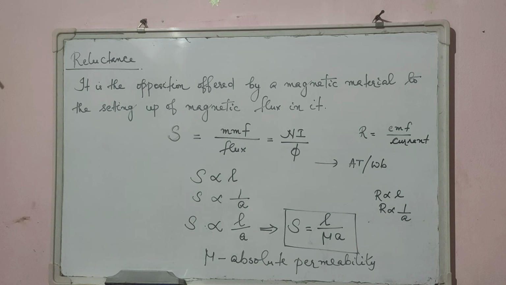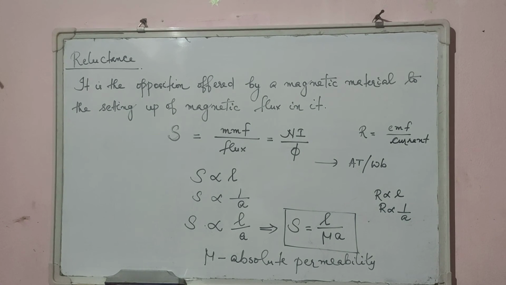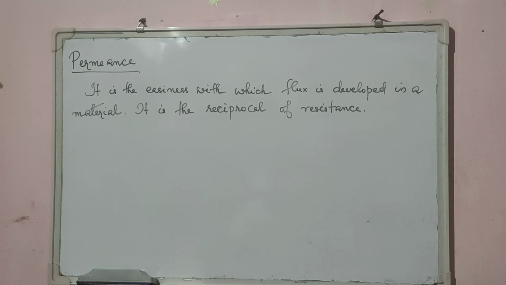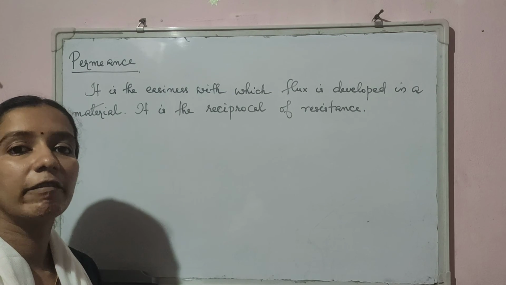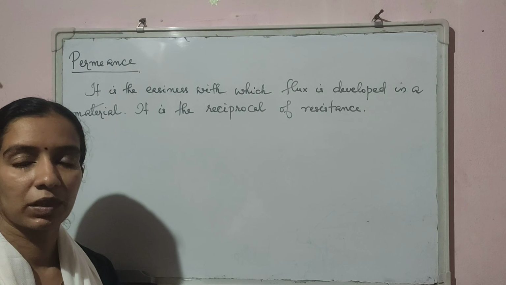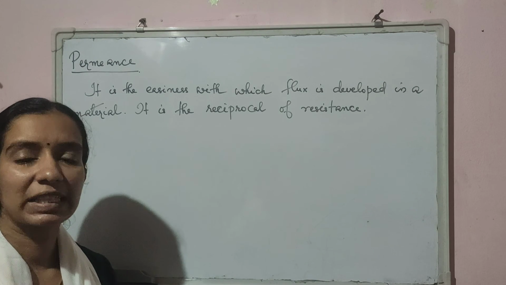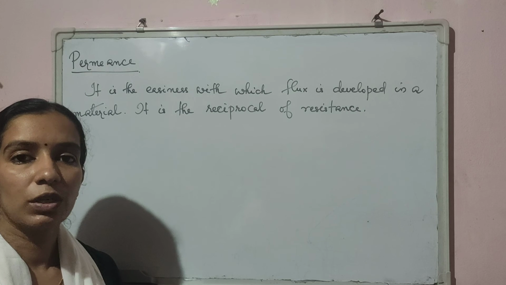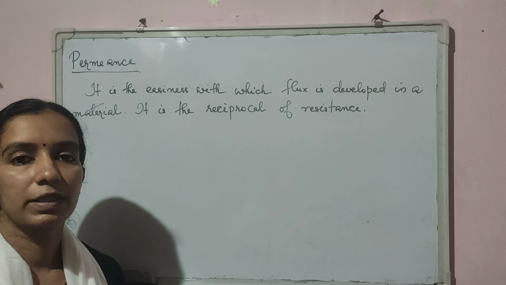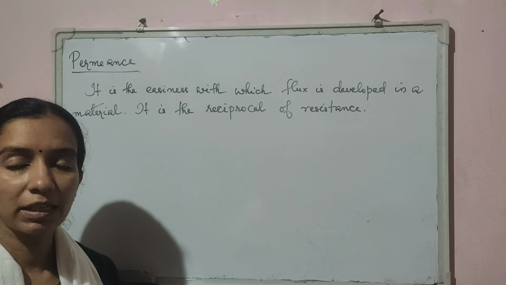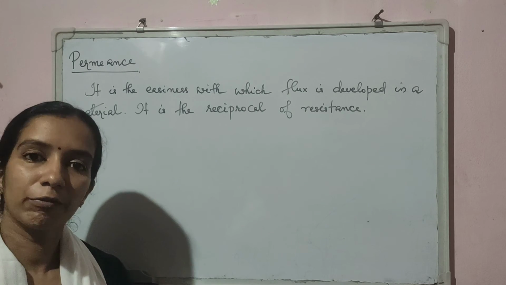Now let us move on to the next term, that is permeance. Permeance is defined as the easiness with which magnetic flux is developed in a magnetic material. So it is the ability of a magnetic material to allow the setting up of magnetic flux in it.